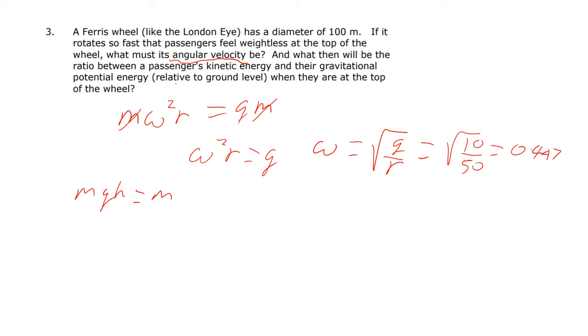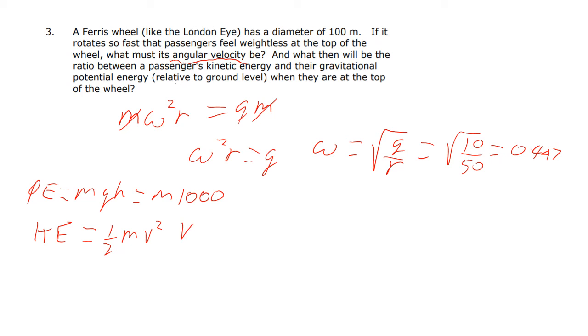Gravity is 10 and our height is 100 meters, so m times 1000 is our potential energy, which we'll call P. And then our kinetic energy is equal to half mv squared, but we're not using pure velocity this time, we're using angular velocity.